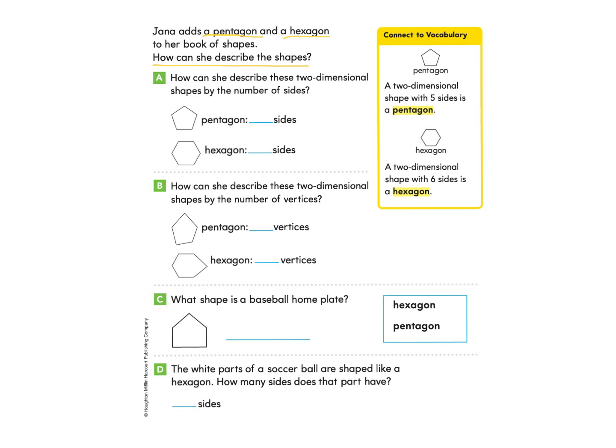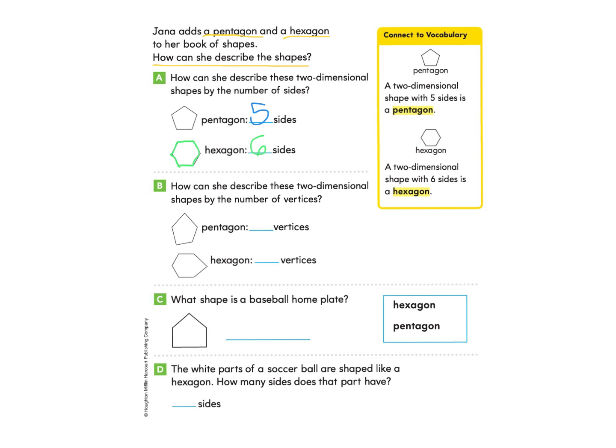A pentagon has 1, 2, 3, 4, 5 sides, so we will write in 5. A hexagon has 1, 2, 3, 4, 5, 6 sides, so we will write in 6.